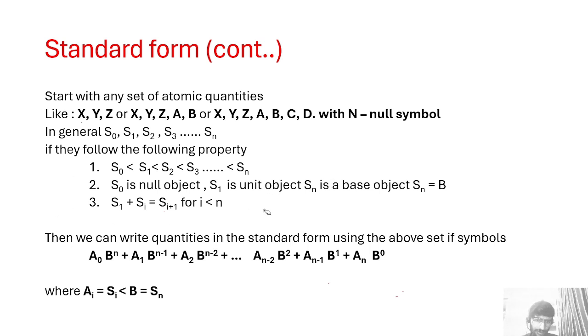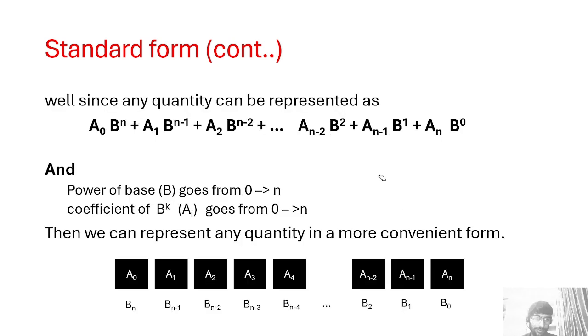With that, we have a number system that can represent any quantity in a standard format, right? So any quantity can be represented as, you can see the equation here. It is in the format we discussed in the previous slides, a_i and b power k.